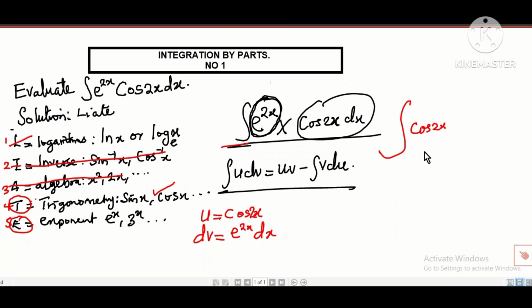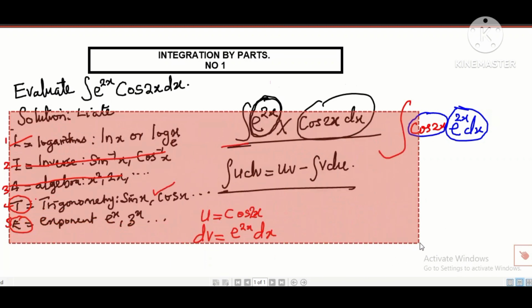Everything concerning cos 2x is for u, and everything concerning e to the power 2x multiplied by dx is called the dv. This is the dv, and this is just u. Alright, with this understanding, can we go straight to solve this problem and have fun with it? Let's clean up.